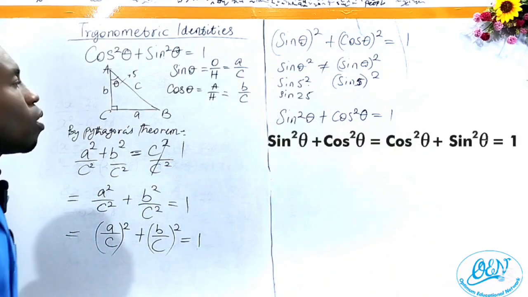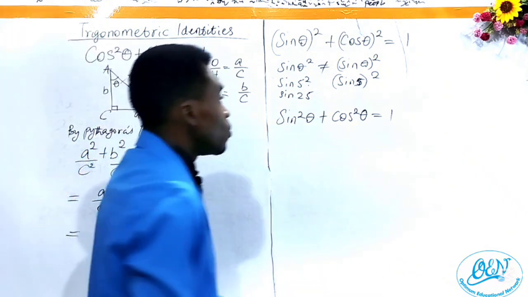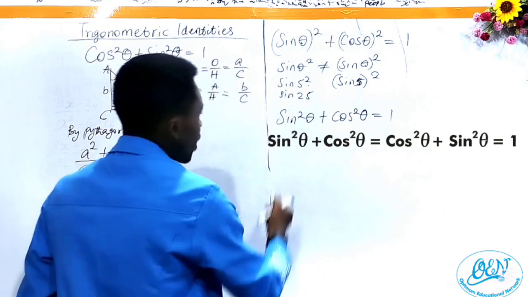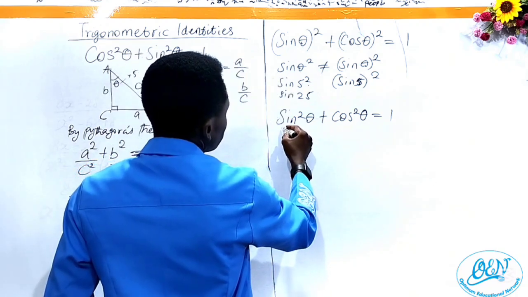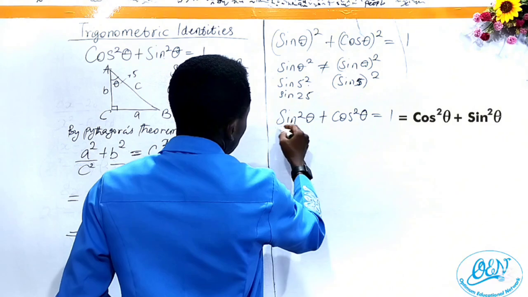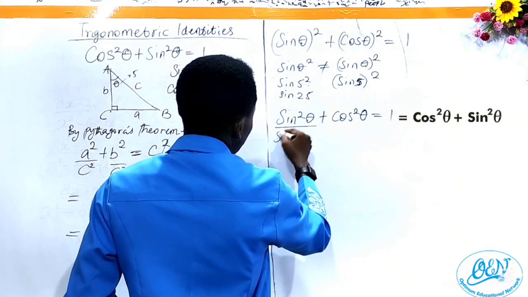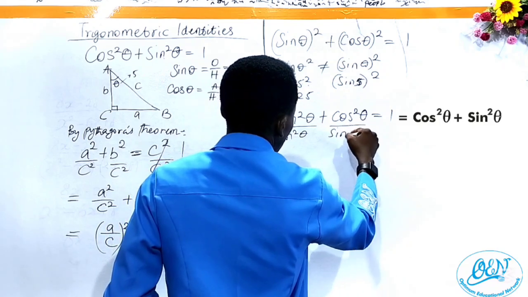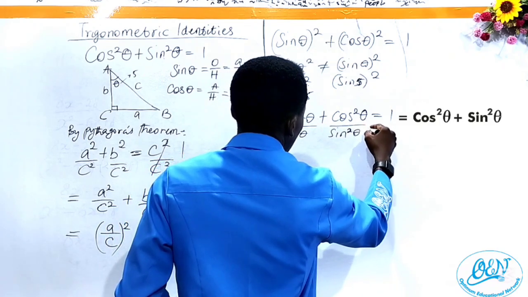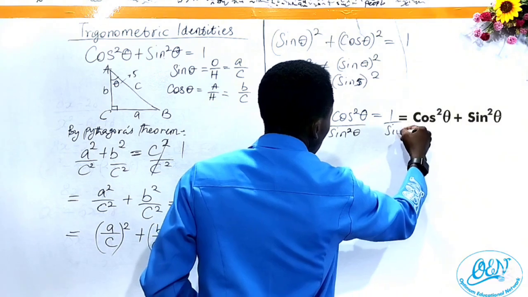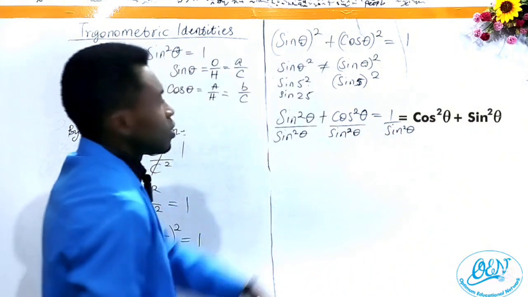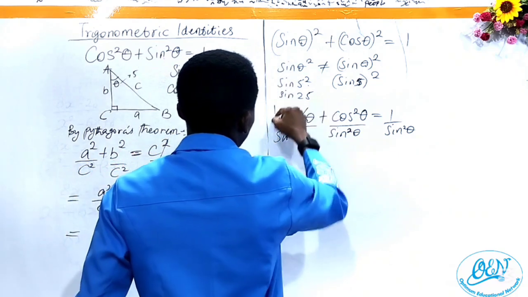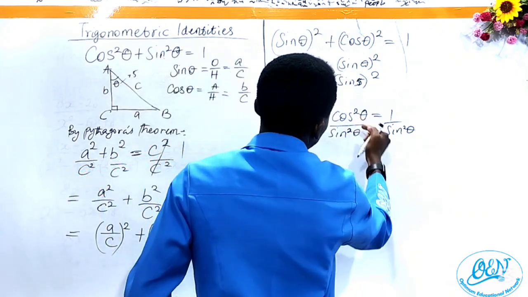So we'll have this. With this now, we can decide to iterate this to obtain two more identities, like I said before. We can divide everything by sine squared theta. If you do that, of course, this will give us 1, cos squared theta over sine squared theta.